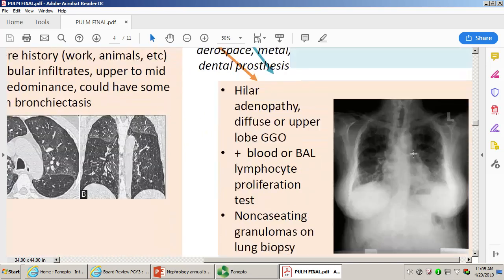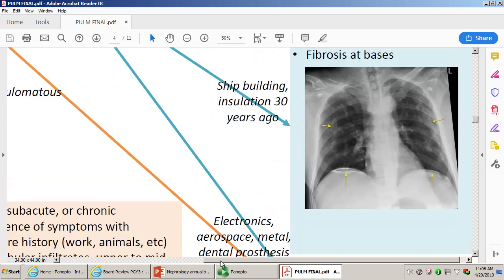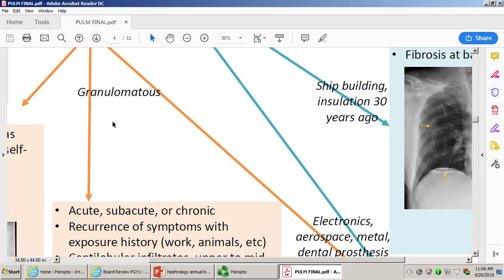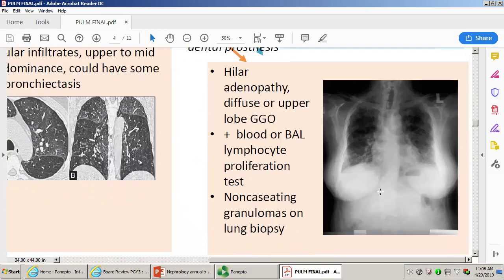So this guy down here is half blue and also half orange. He's blue because he might have a history of being in electronics, aerospace, metal, and dental prostheses. And he's orange because you have this buzzword of granulomas on your biopsy. So what's this guy down here? Berylliosis.